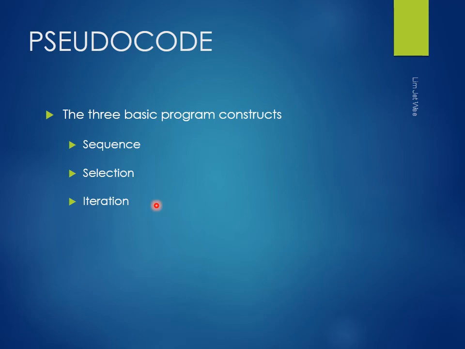Although it is possible to use GOTO inside your pseudocode, and technically it is permitted, we try to avoid that because we want very clean, readable code. So we always avoid all these GOTO.